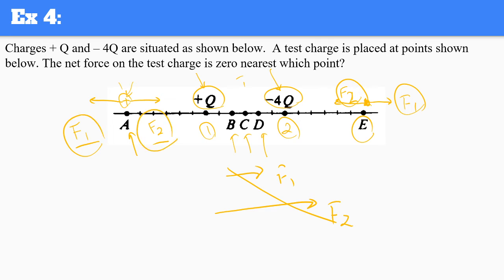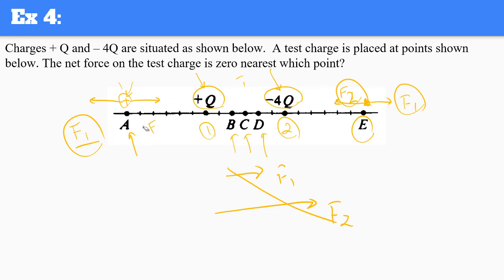Then what is the other thing that we can put into the equation to try to make them equal? Distance. As you get farther away from the charge, you're going to have less force, and if you're closer to the charge, you're going to have more force.